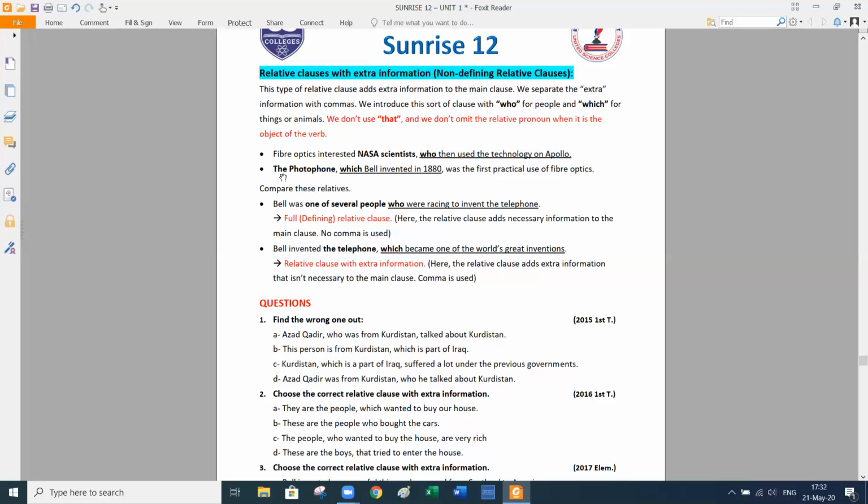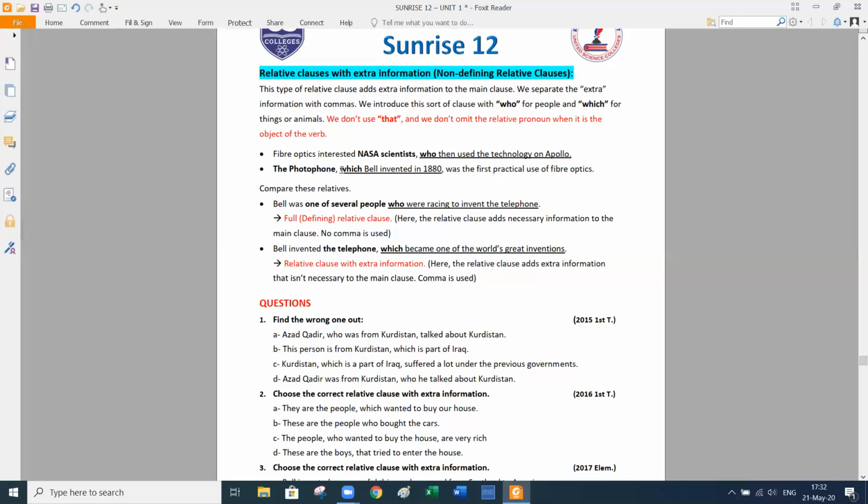But in the second example, I need to divide the sentence. I need to divide the main clause because I'm giving information about the subject, the photophone. So I put a comma here and write the extra information, put another comma, and then complete the sentence. That's also important.